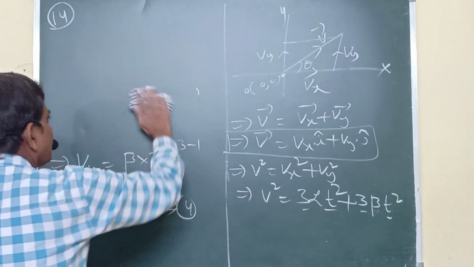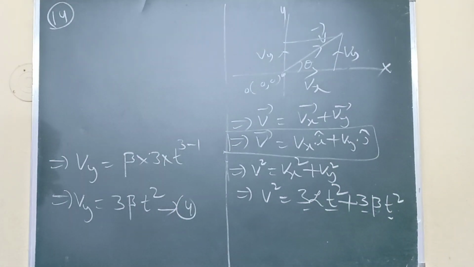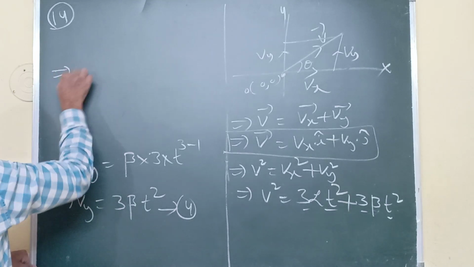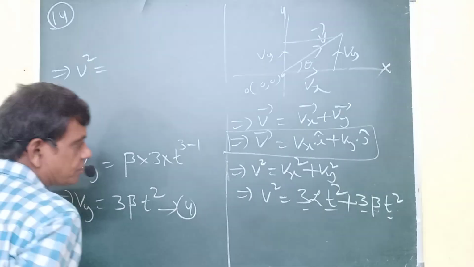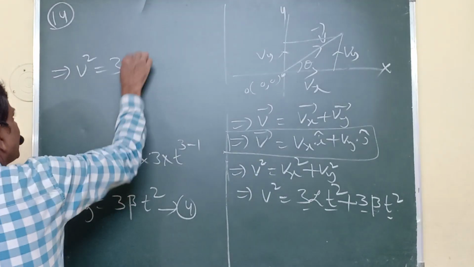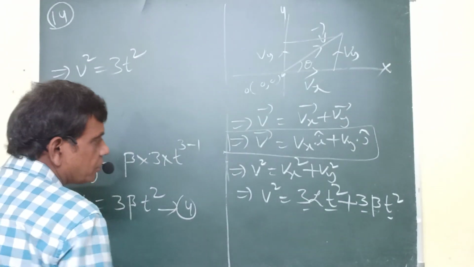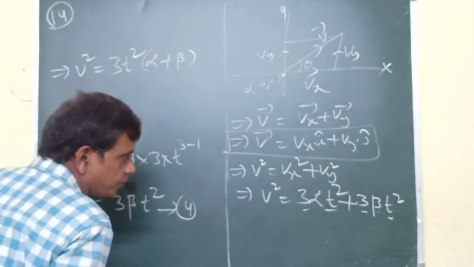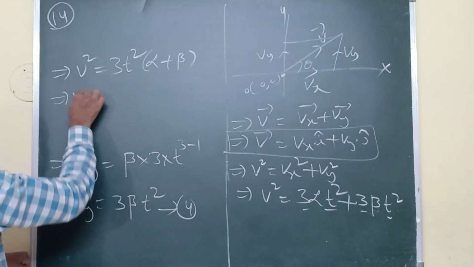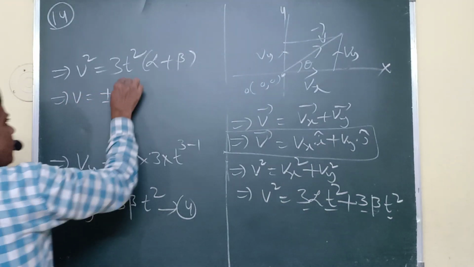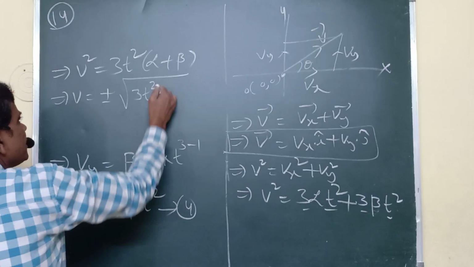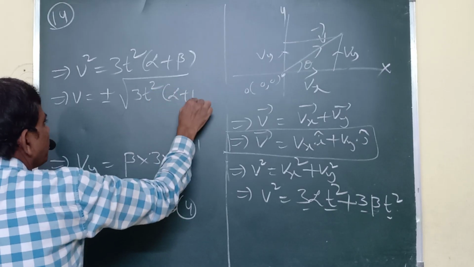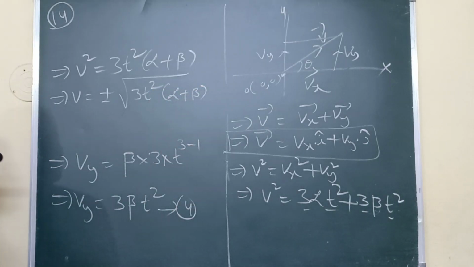Now V square equals 3t square, taking common. What remains? Alpha plus beta. Now I want velocity. V equals plus or minus square root of 3t square into alpha plus beta.